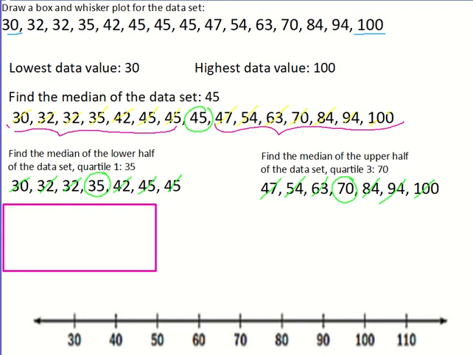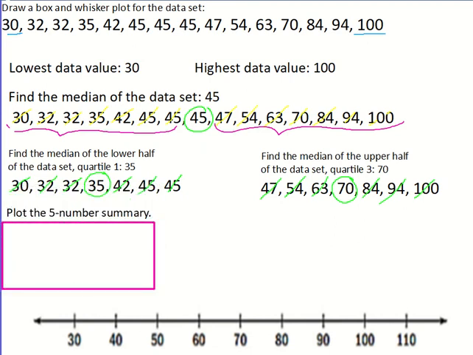All right, so now I have my 5-number summary. So I'm going to start drawing my box plot. I'm going to first plot points at my 5-number summary. So I'm going to put a point at 30. I'm going to draw a point at 100.